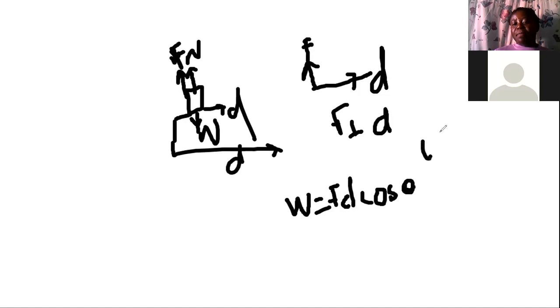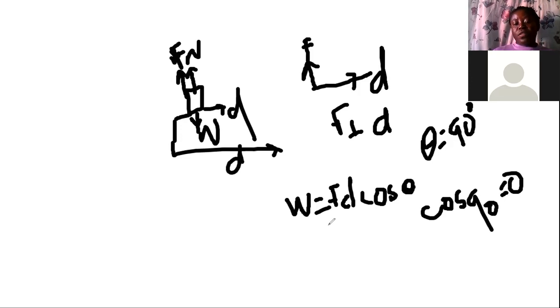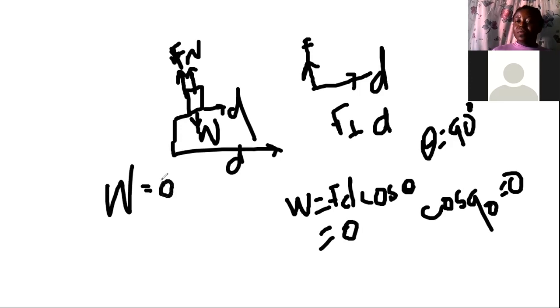Your angle is perpendicular, so your angle is equal to 90 degrees. So if I put in there cosine of 90 degrees, that is equal to 0. So therefore, this part goes to 0. So the work done that you do onto the box is equal to 0.